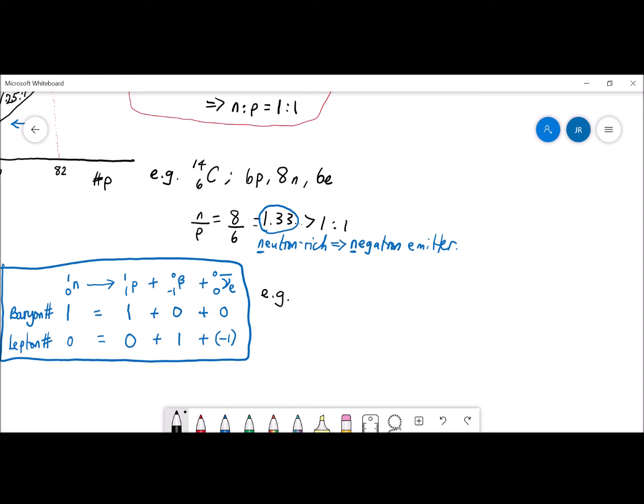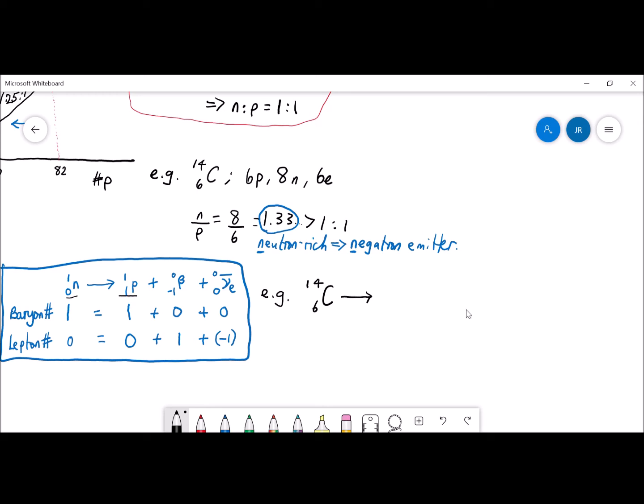Okay, so if we know that this is the case, then let's see what we could have. We could have carbon-14. It could decay. Now let's see what happens when it decays. Well, one of its neutrons is going to be replaced by a proton.